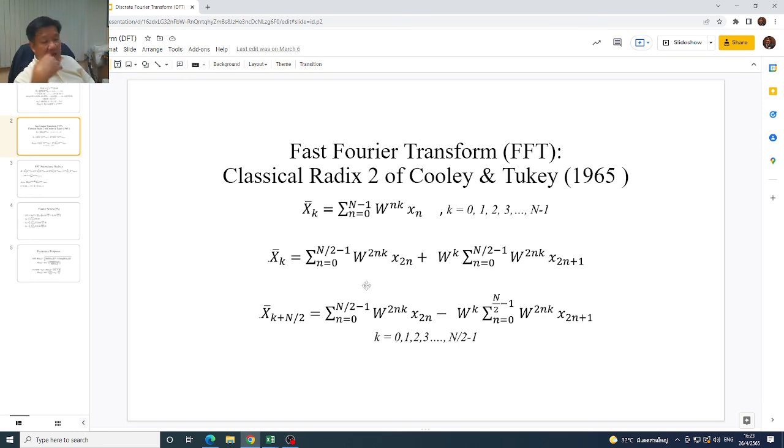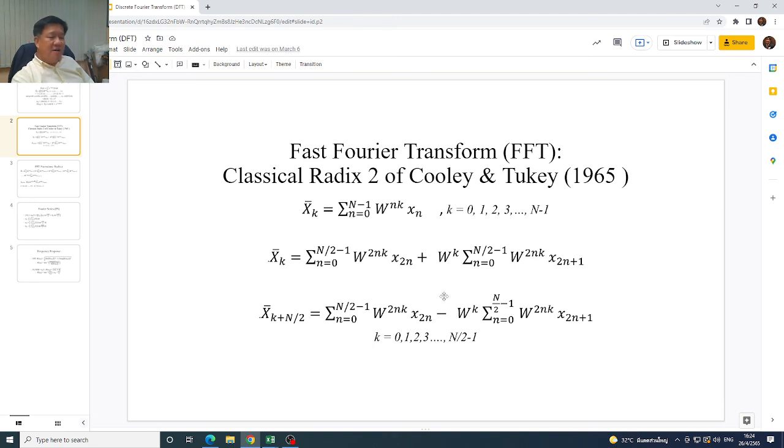For example, you can get the capital N as maybe 1024. 1024 is 2 with an exponent of some positive value. Once you know 1024, you can go to 2048, and then from 2048 you can go up to 4096. It's 2 with the exponent of an integer value. So that's a restriction of what we call the classical radix 2.